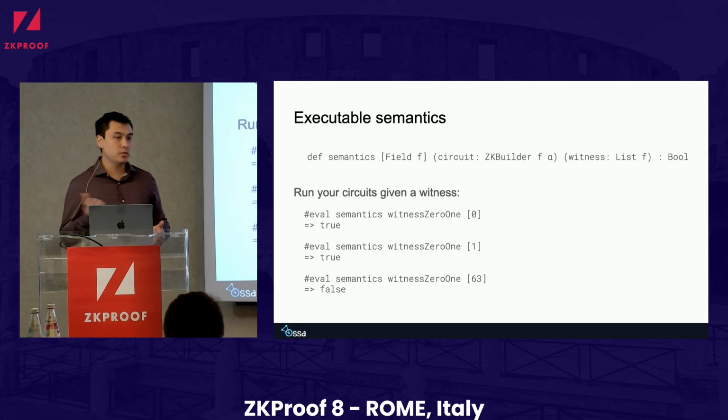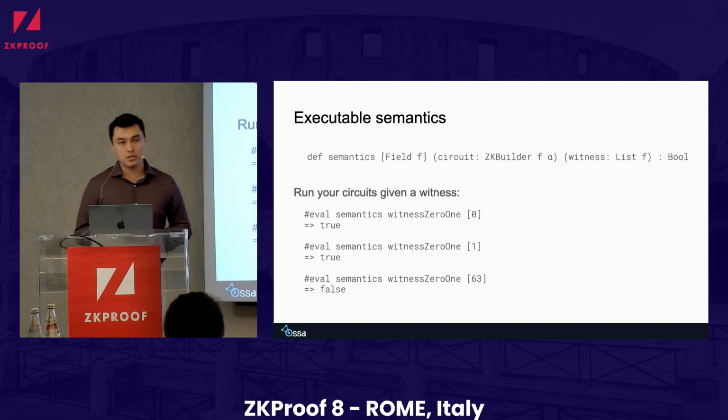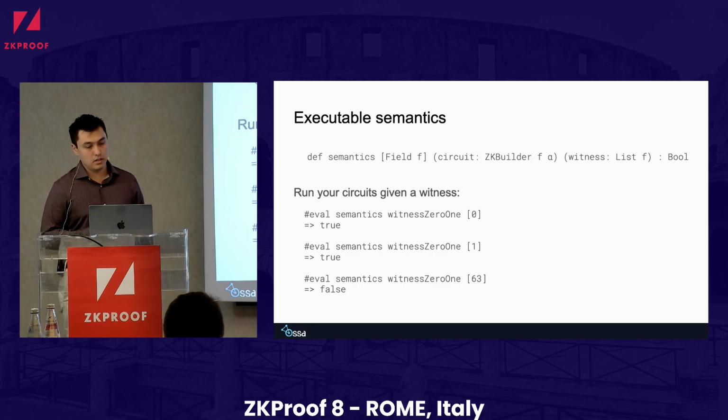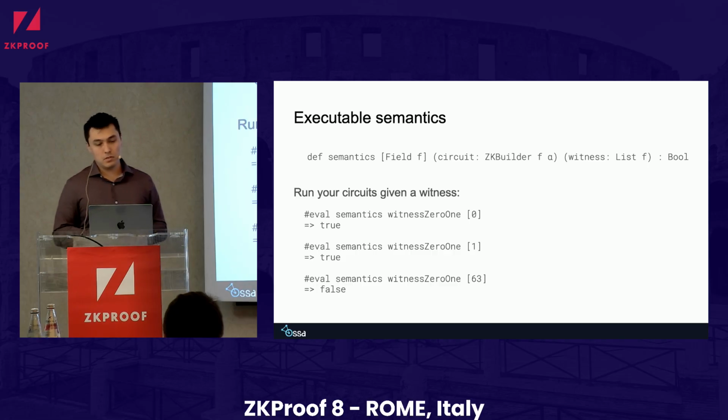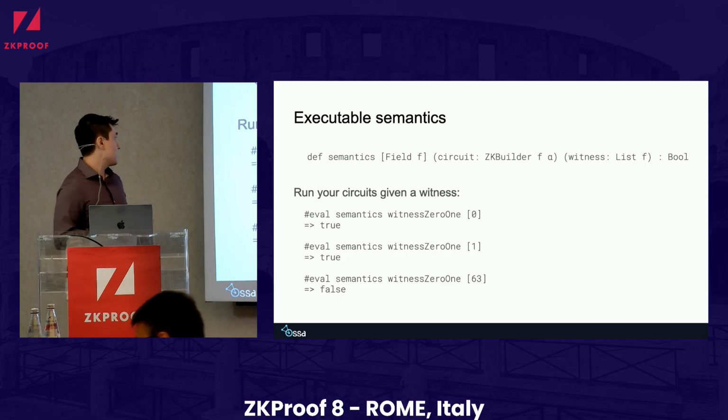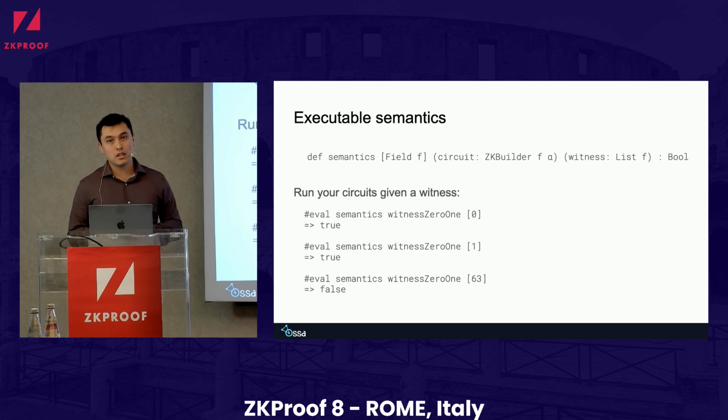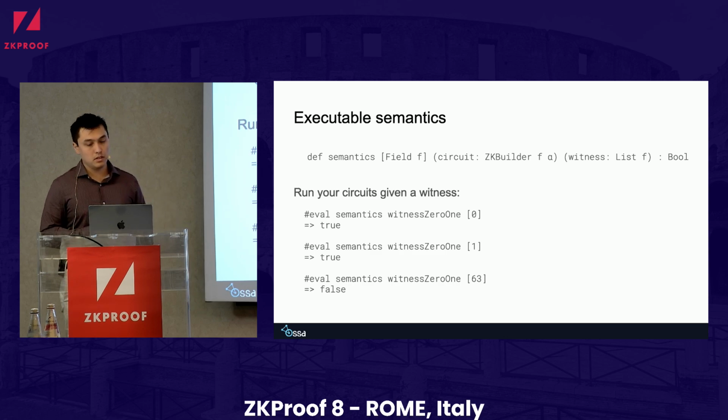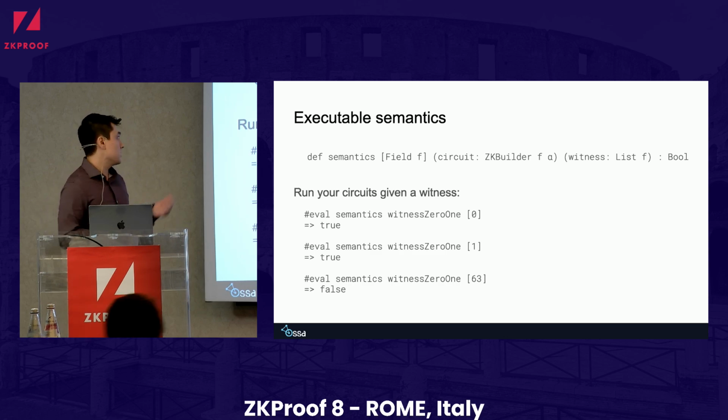So in zkLean, we define an operational semantics for circuits. These semantics are executable. So here's the type definition of the function for what the semantics are. It takes as input the circuit that you want to run, and then it takes a list of witness values.